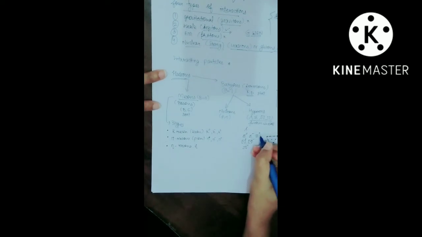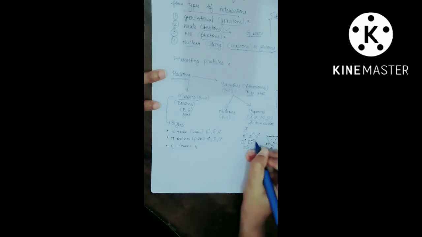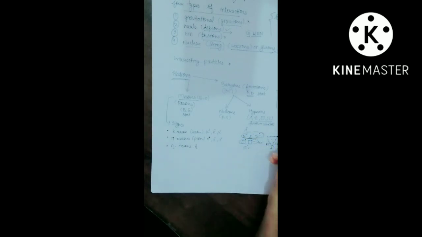And on the second tier there are 3 points, and there are 3 sigma particles: sigma positive, sigma negative and sigma naught. And on the second last tier there are 2 places for xi naught and xi negative, and on the lowermost part there is... so actually it is like a distribution on the basis of isospin and Y, which is hypercharge.